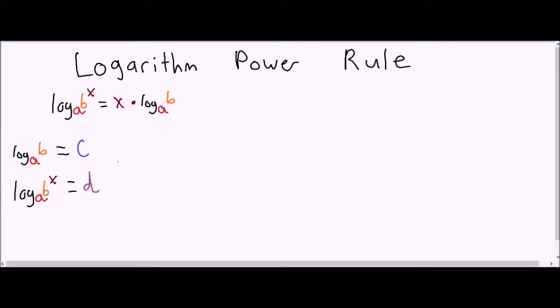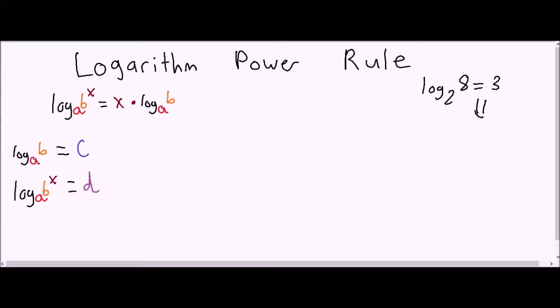So what I have done is I've just taken the two logarithm expressions in this law and made them into variables. Now we're going to convert these logarithms into their exponent forms. To give you an idea of what I mean, let me give you an example. I know that log base 2 of 8 is equal to 3.